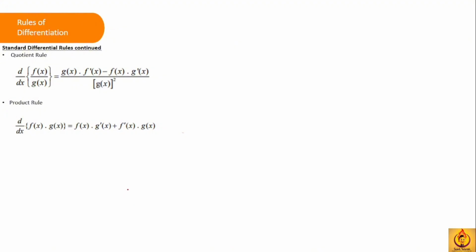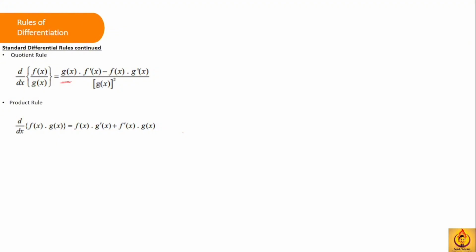It tells us that if you have a function, or an equation, or a graph defined by f of x over g of x, a function over another function, the derivative of that will be the function on your denominator, g of x in this case, multiplied by the derivative of your function on your numerator, minus the derivative of your function on your denominator multiplied by the function on your numerator, and all of that will be all over the square of your function that is on your denominator.